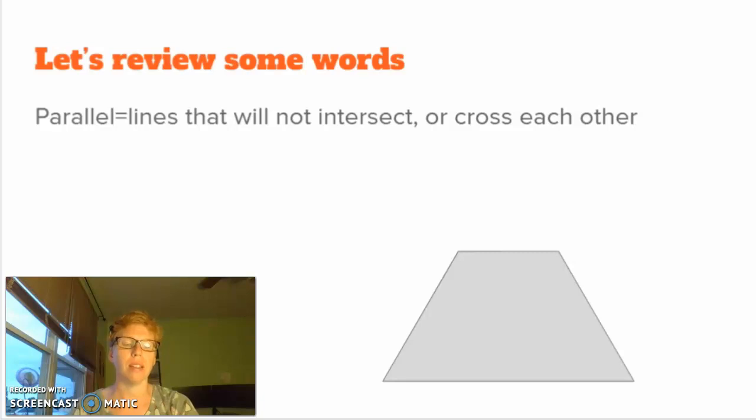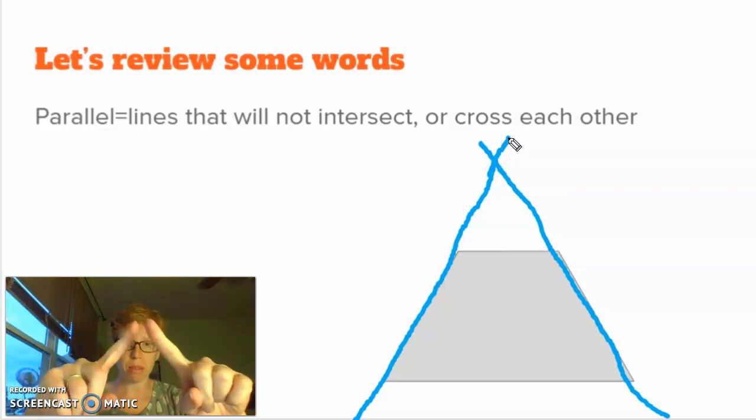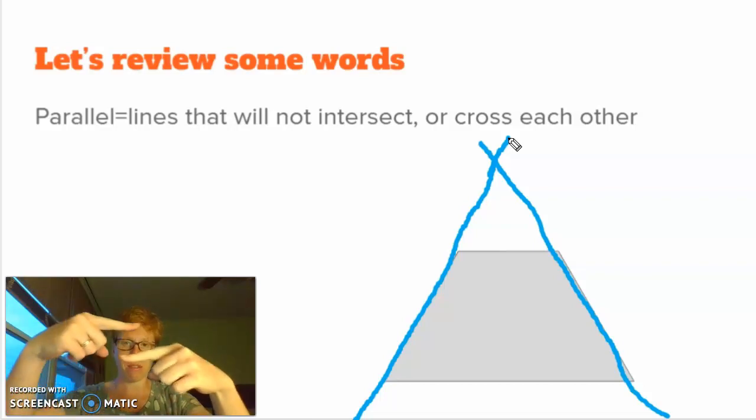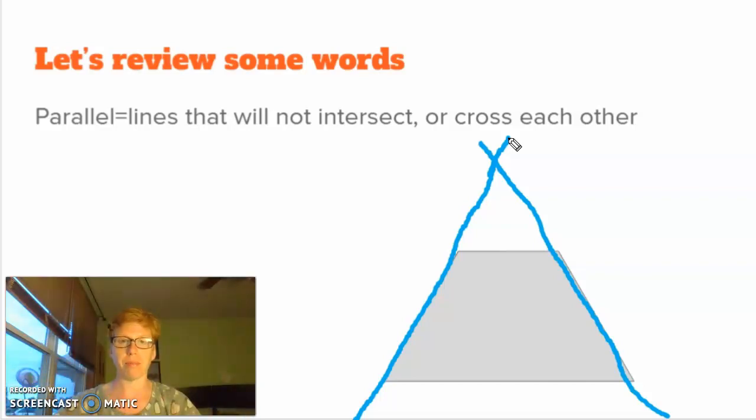let's do the left and the right. If I was to color in the left side of the trapezoid and the right side, oh my goodness, look, they intersect. And one very easy way of doing this is if you have two pencils or your fingers, and you could put them on either side of the shape to see if your fingers meet. So for the top and bottom of the trapezoid, my fingers are parallel, and the left and the right, they intersect.